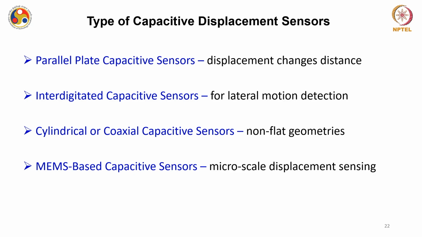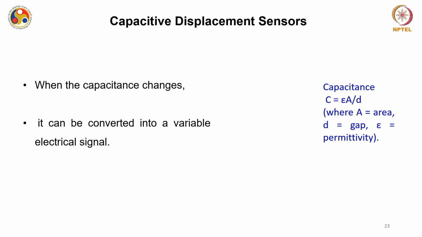in straight lines. Then interdigitated capacitive sensors are mostly applied for lateral motion detection. Then you have cylindrical or coaxial capacitive sensors, which have non-flat geometry, for that kind of application. Then you have MEMS based capacitive sensors, which are very popular for micro scale displacement measurement. However, the principle remains more or less similar.